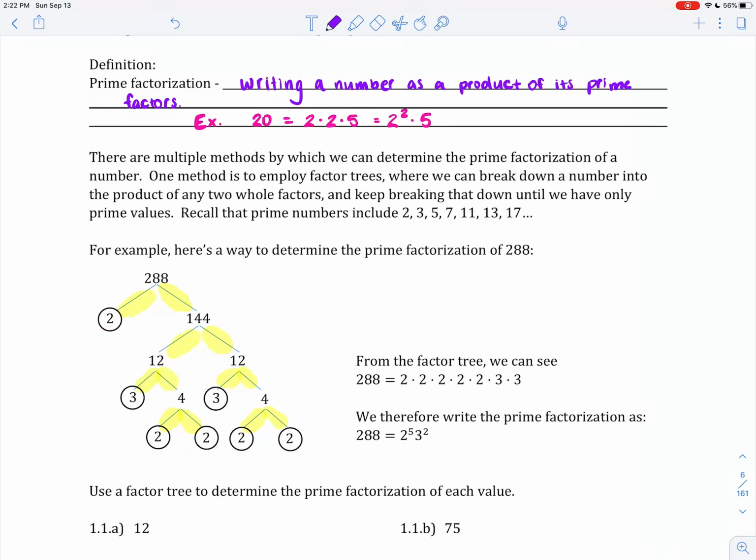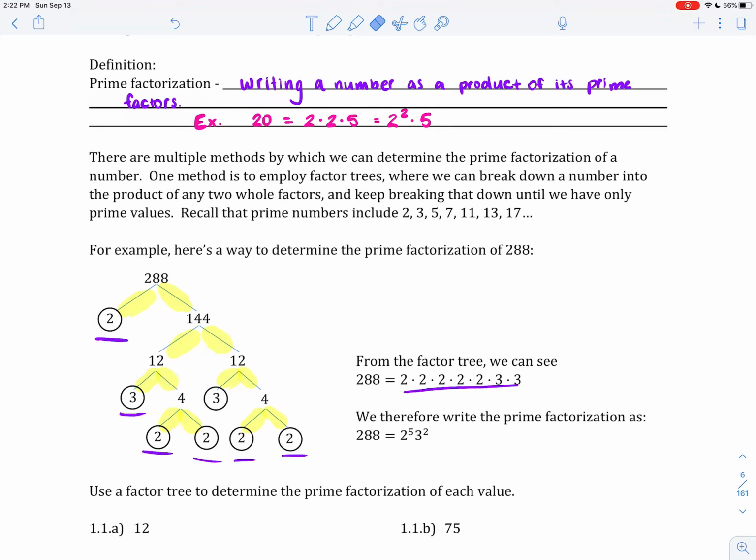So we take those values and we can write it out. We could say 288 is the product of 2 times 2 times 2 times 2 times 2 times 3 times 3. Usually we write it in ascending order. So we usually group all the 2s together, then do all the 3s. And if there's 5s next, we do those, then 7s and 11s and 13s and so on.